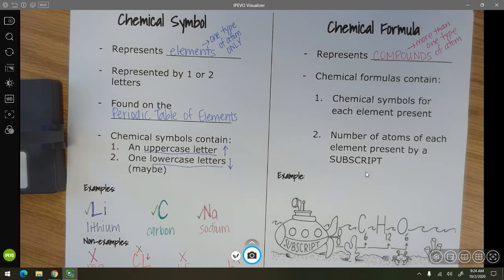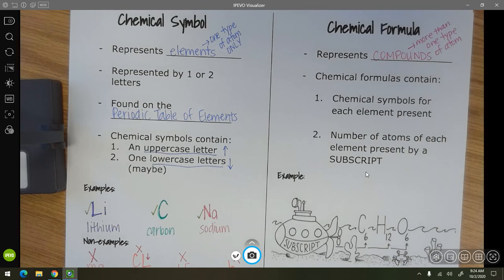So, a chemical formula is going to be representing a compound. Okay? So, if you have carbon and hydrogen and oxygen all together, it's really difficult to have to write all of that out over and over and over again if you have to keep writing them, right?